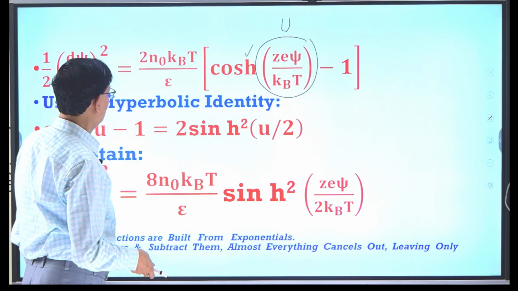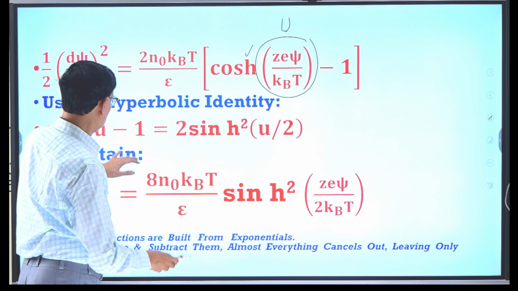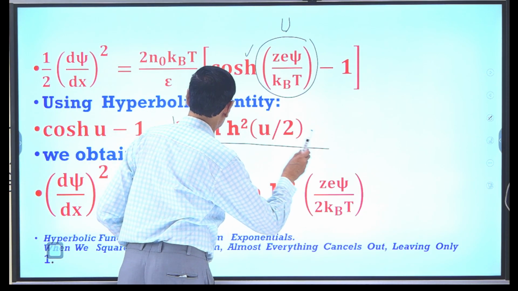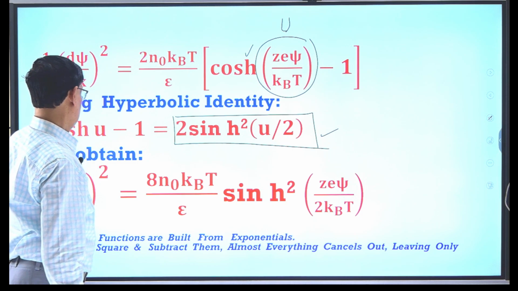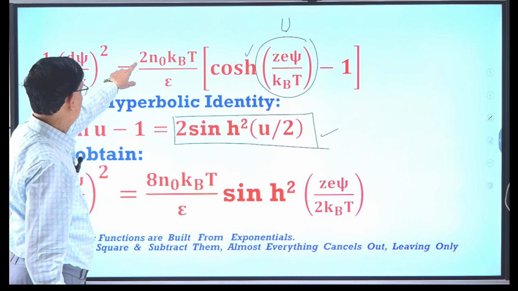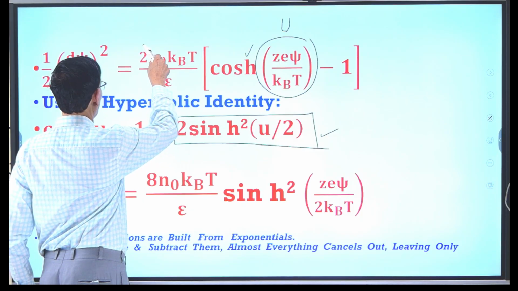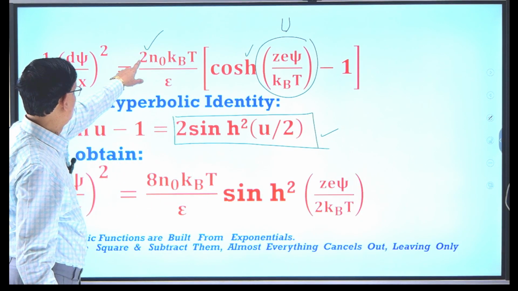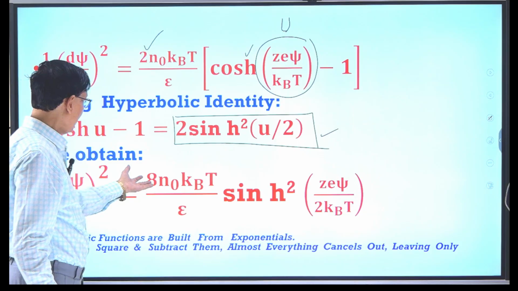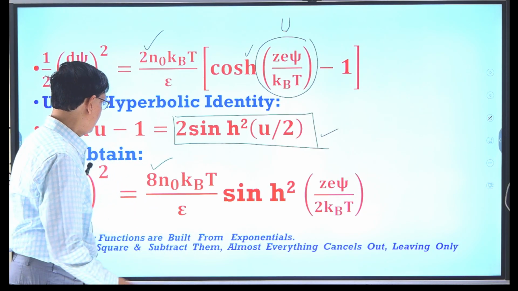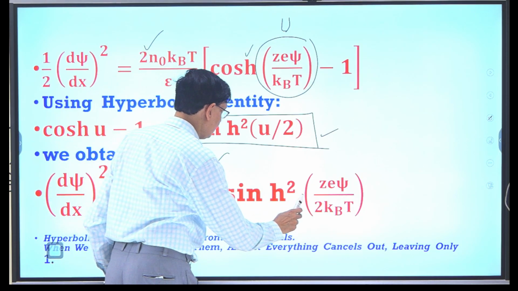There are so many formulas and this is a standard formula. So cos h u minus 1 is equal to 2 sin h square u divided by 2. So you see here in this place I can write 2. So 2 into 2 is 4, 4 into half, so 8. Then again n0 same, kbt epsilon sin h square.